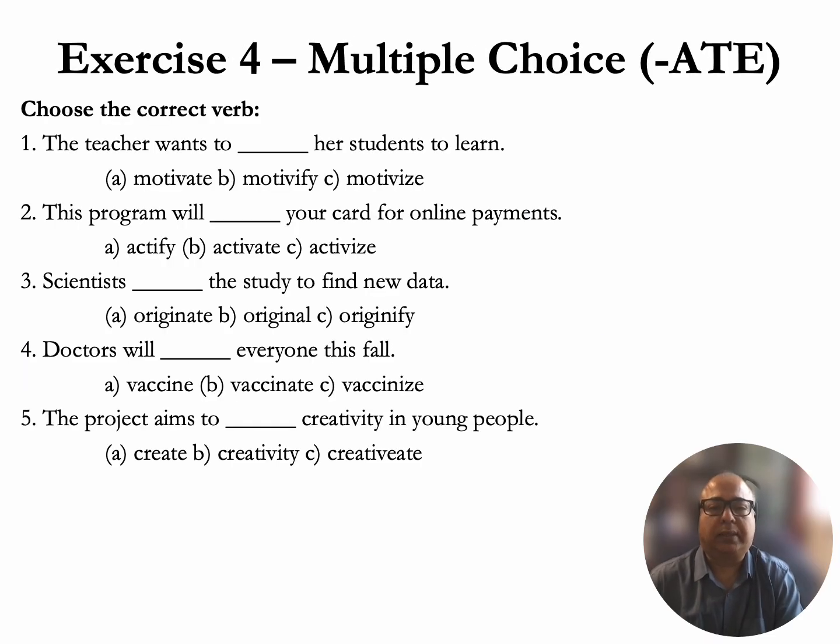This is the fourth exercise I've given you. Multiple choice, and all you have to do is pick either A, B, or C to fill in the blanks. The teacher wants to blank her students to learn. So pause this video now and finish the exercise. We will look at the answers together.